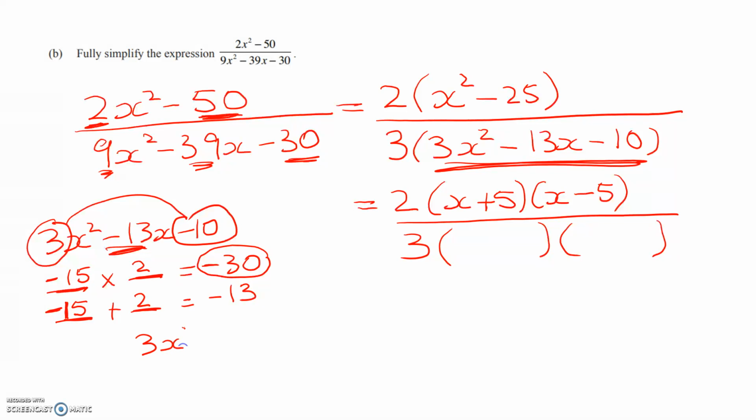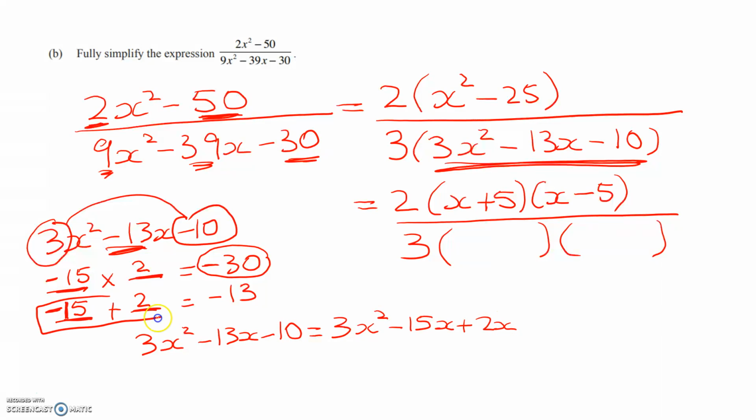So I can now rewrite 3x squared minus 13x minus 10 by breaking up that middle term. Okay, so I've done this split up on the 13x.